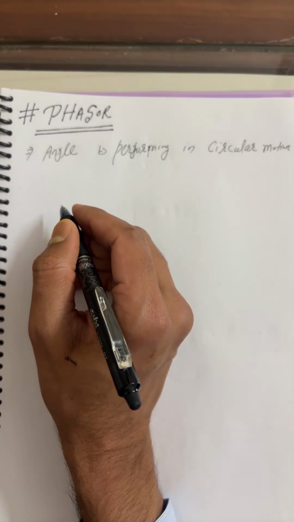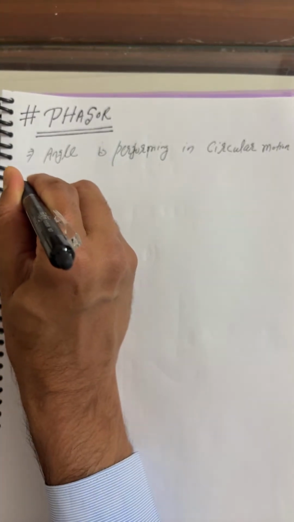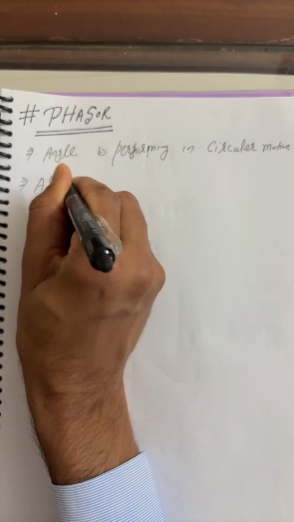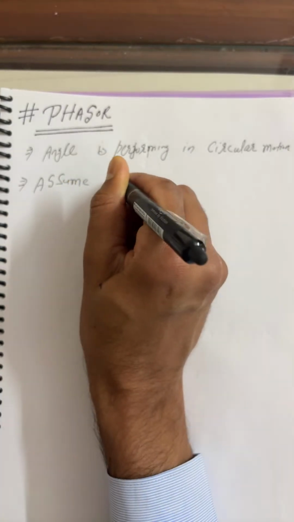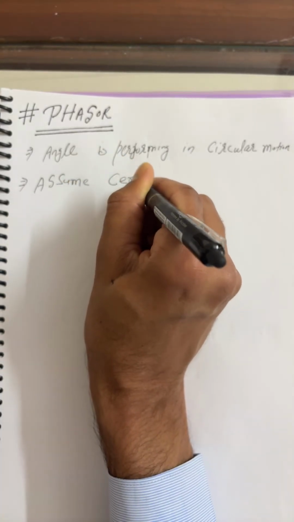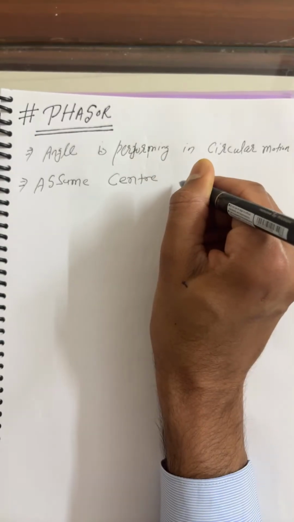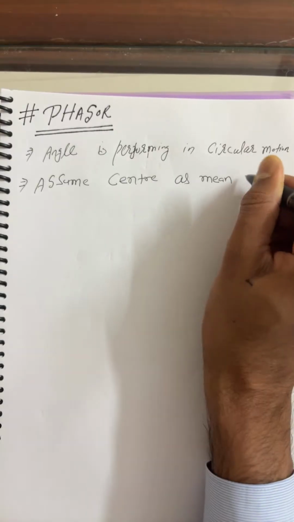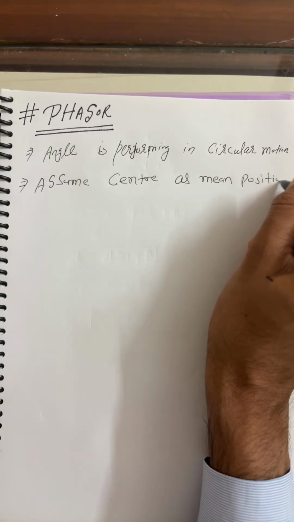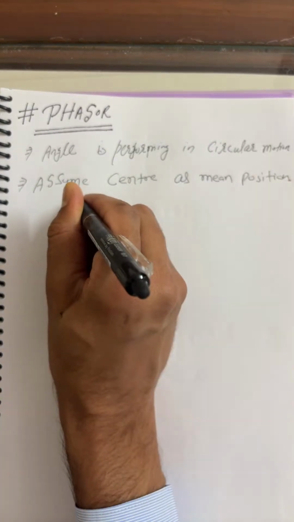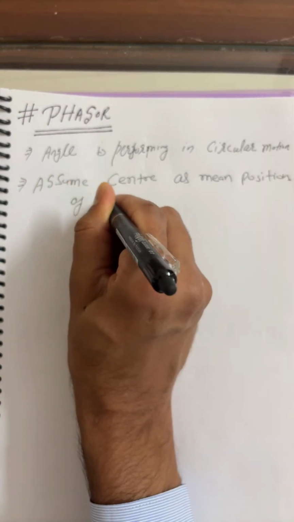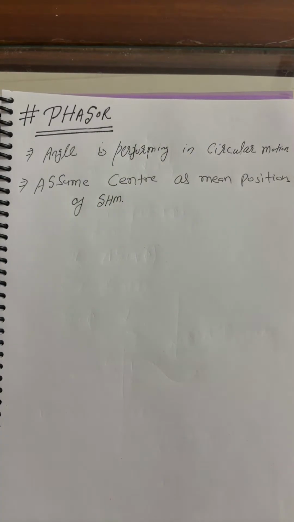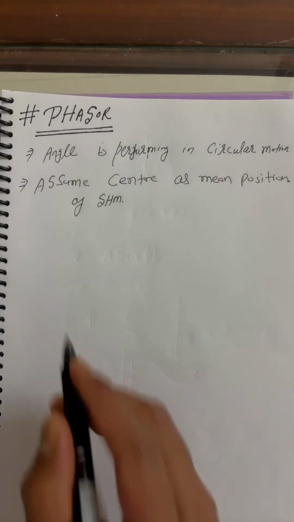Assume the center as the mean position of SHM. This is point number 2.